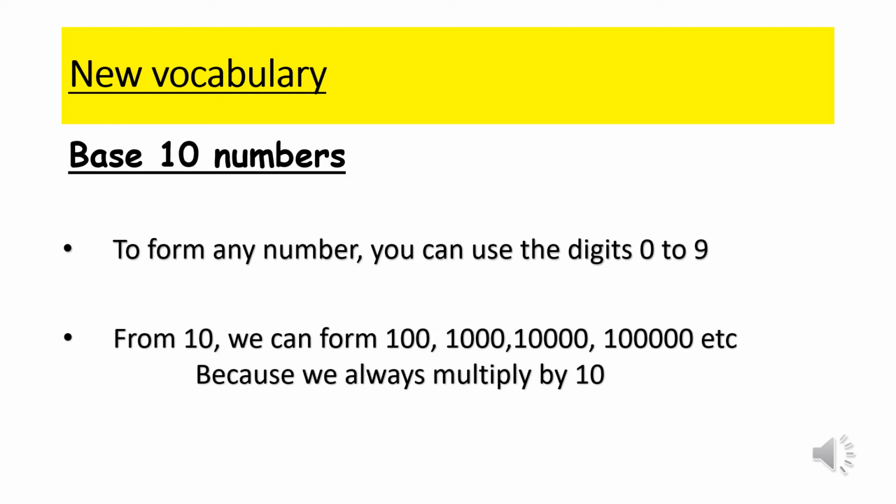So from 10, we can form 100, 1,000, 10,000, 100,000, etc. because we're always multiplying up by 10. So if you notice, there's always a 1 at the beginning, and then there's so many zeros at the end, depending on what number we're looking at. Make sure you have this written down. Press pause if you need to, so you can write this down at your own pace, but try and hurry.